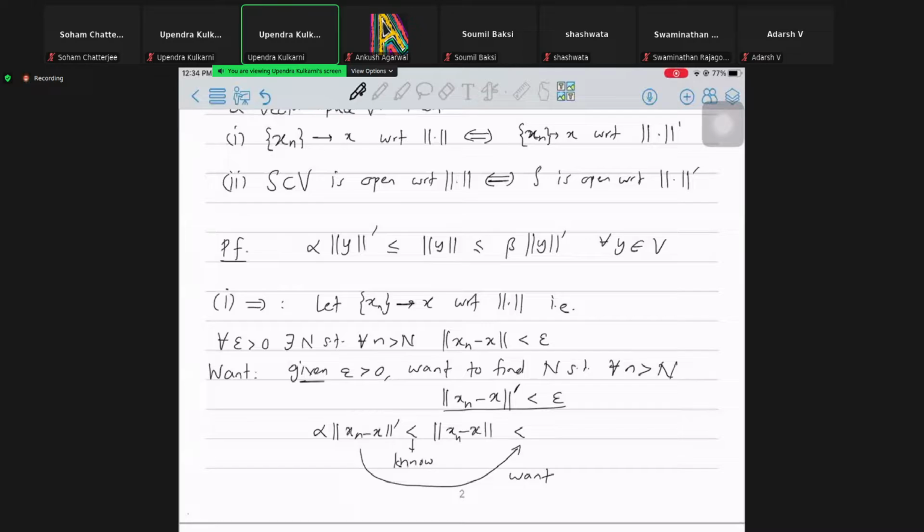But I have alpha times that. That means I want this quantity to be less than alpha times epsilon. So you see, the proof writes itself out.